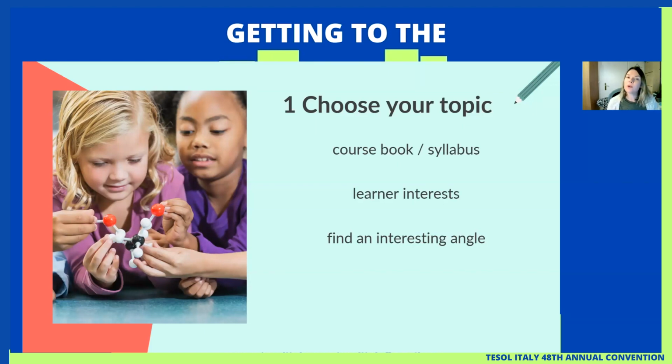Perhaps you follow a syllabus or you use a course book, and in that case, your topic is probably already chosen for you. But you'll need to find a way to match that with your students' interests. Think about what might interest your students about the topic, or find an interesting way of looking at it.